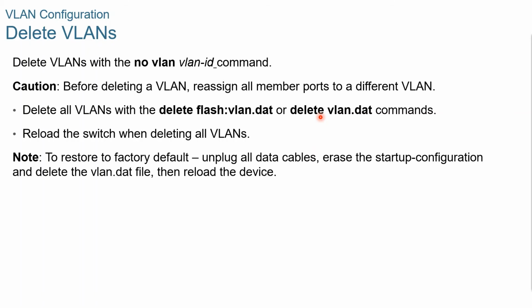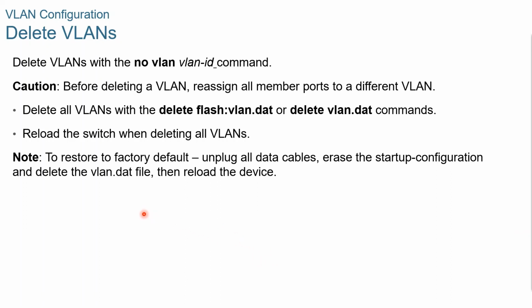The abbreviated command version, delete vlan.dat, can be used if the vlan.dat file has not been moved from its default location. After issuing this command and reloading the switch, any previously configured VLANs are no longer present. So this effectively places the switch into its factory default with regard to VLAN configuration.